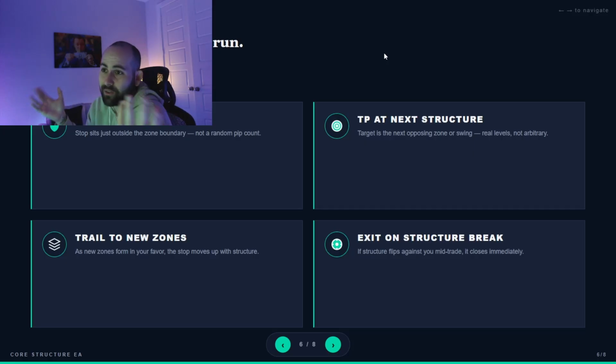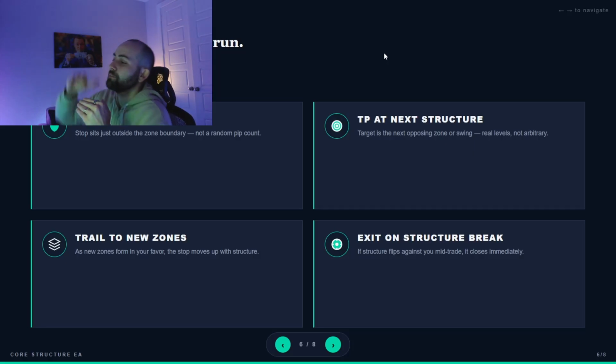Why the hell are we going to hold it, right? So looking at all of that, it's very smart. We're using those zones as protection, which makes sense. If it breaks, it's not going to go anywhere. Why are we in the trade, right? Same thing with targets: we're targeting the next swing or next zone, actual levels on those higher time frames, not just, oh, I think it's going to go here, kind of thing.